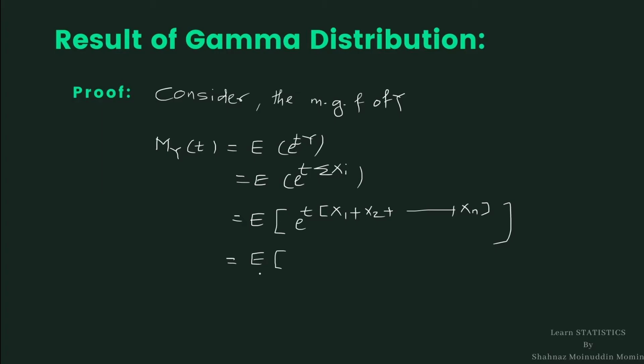So this is equal to the expectation of e raised to t x1 into e raised to t x2 and so on up to e raised to t xn.